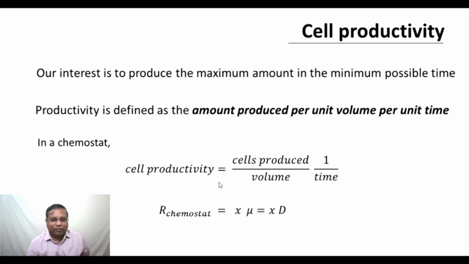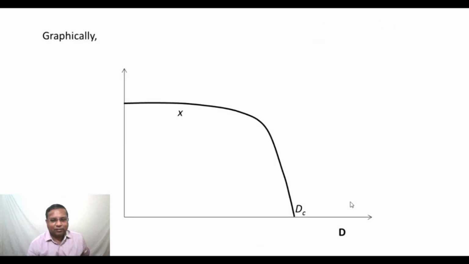If we represent the chemostat productivity by R of a chemostat, it would be the cells produced per unit volume, which is X, times 1 by time, which is mu. Therefore X into mu, that would be X into D. And graphically, X, the cell concentration variation with D, was like this. We have already seen this.